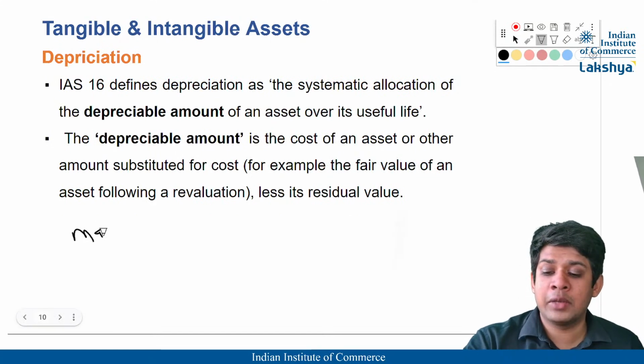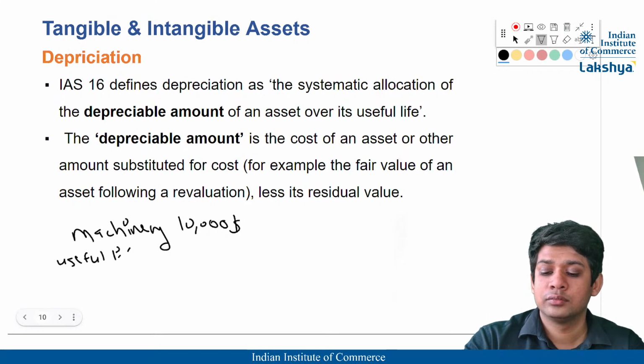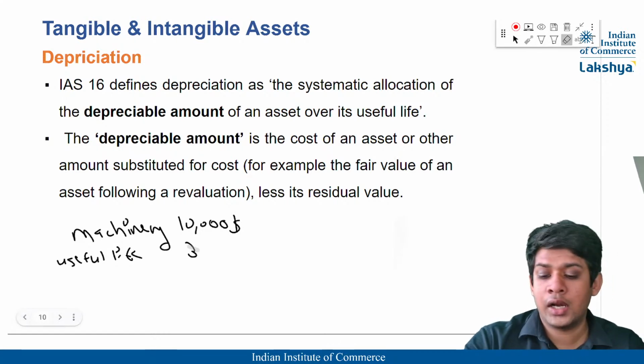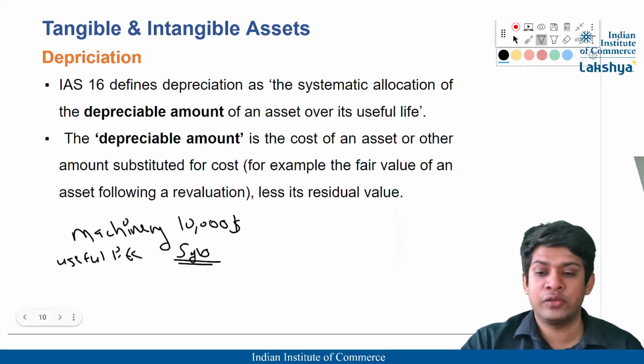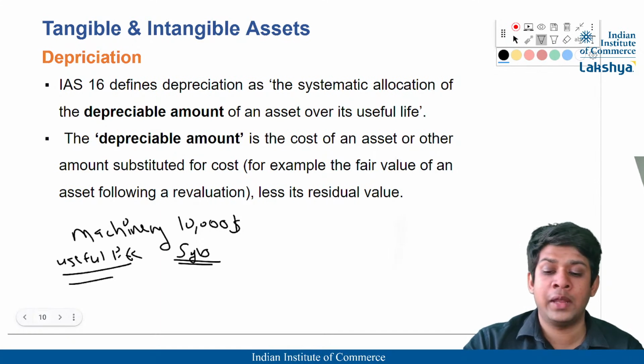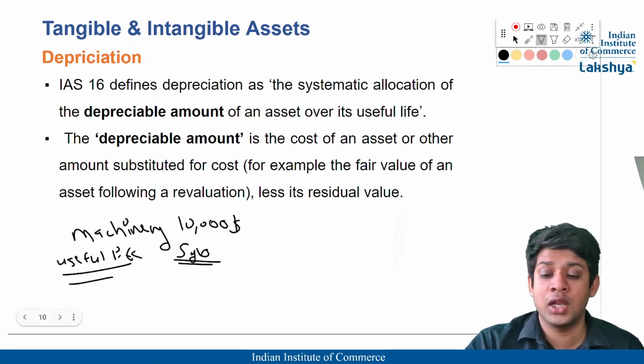Maybe say, guys, that I have a machinery which has a value of $10,000 and a useful life of, I'll not take 3 years, I'll simply take 5 years. Okay, I've purchased a machinery which has a value of $10,000 and it can be used for a period of 5 years. So for that, I will charge depreciation for the per year usage of it, for the per year wear and tear of that machinery, and that will be charged as an expense to P&L.